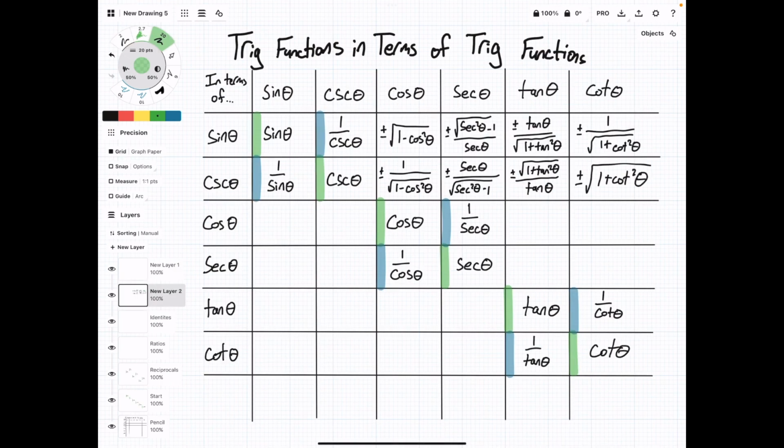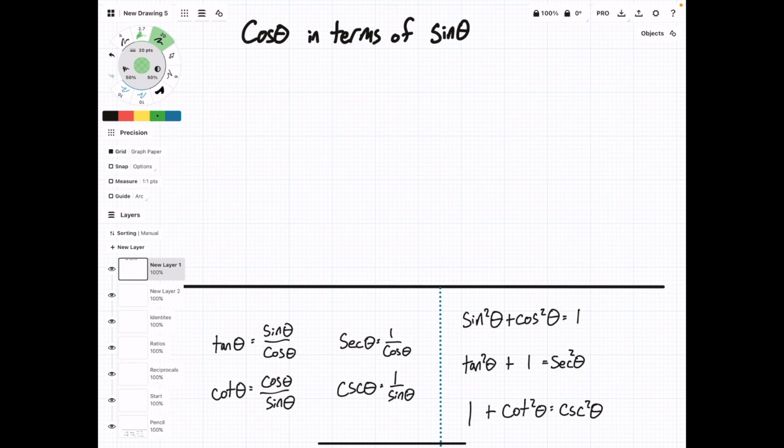Now we have completed the second row of our table here for cosecant. So all the ones we just solved for are underlined in green here. And now what we're going to do is move on to cosine of theta. To write cosine theta in terms of sine theta, we just need to use one identity here.